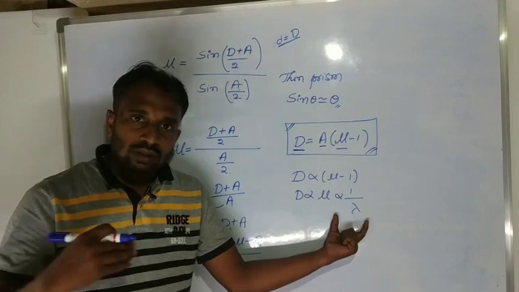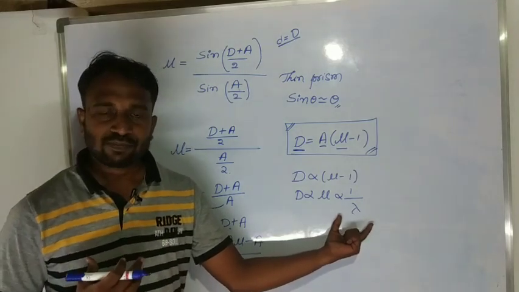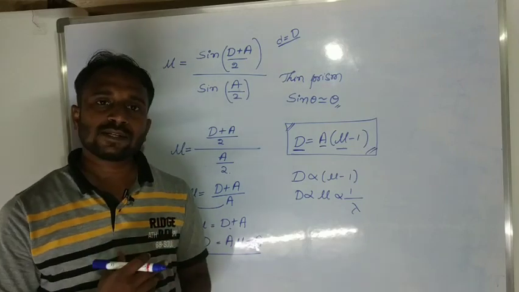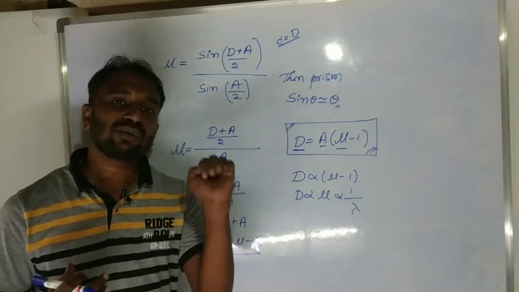When the wavelength of the light increases, then the deviation value decreases.